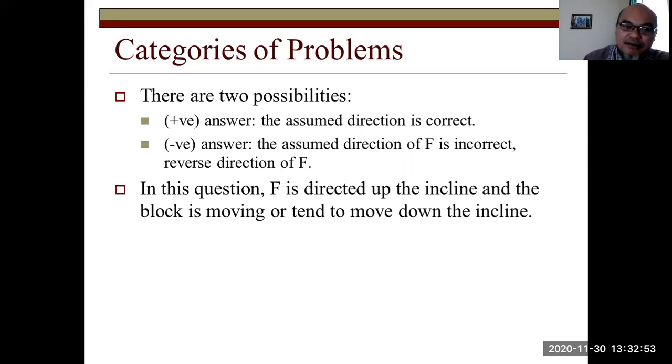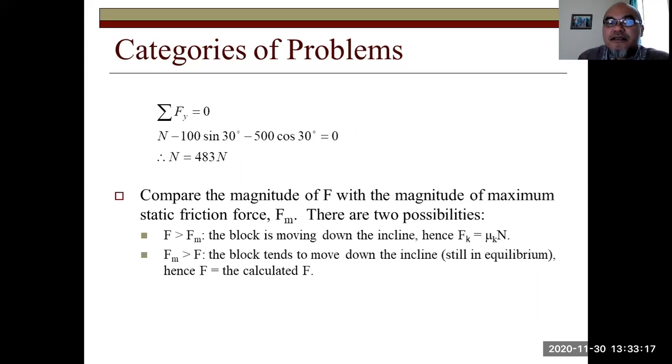But if we had instead a negative answer, then the assumed direction of F will be incorrect, so it will be the reverse direction of F. So in this question, F is directed up the incline, and the block is moving or tends to move down the incline.